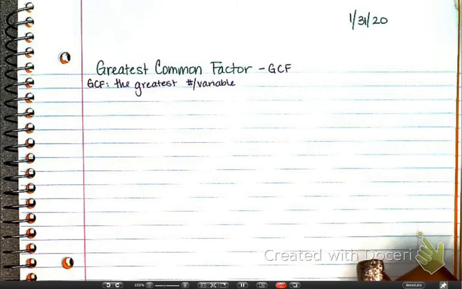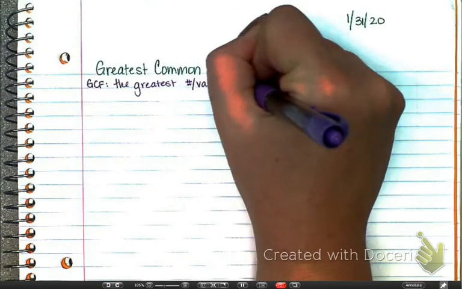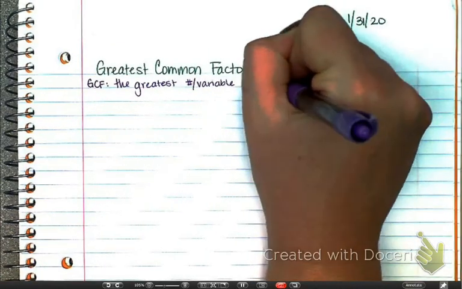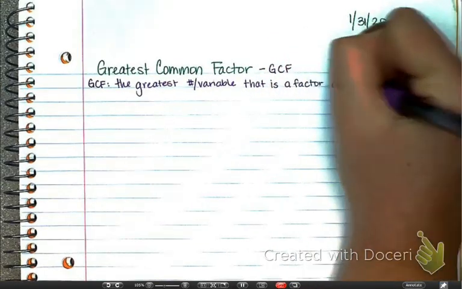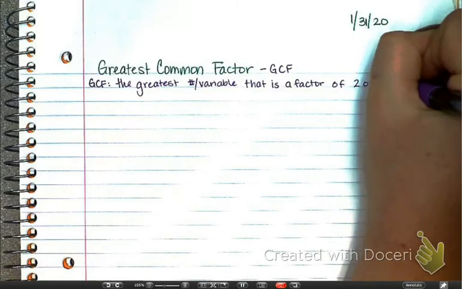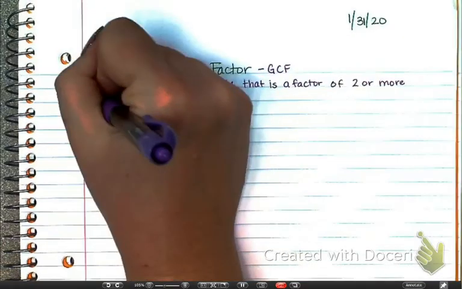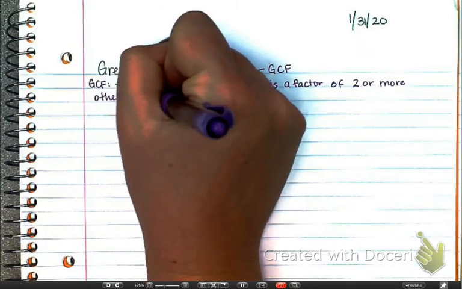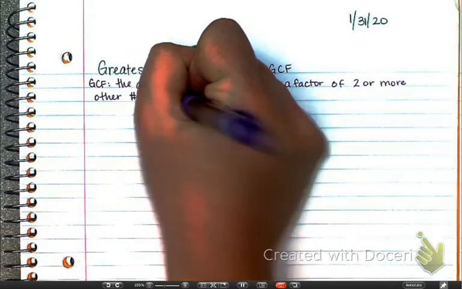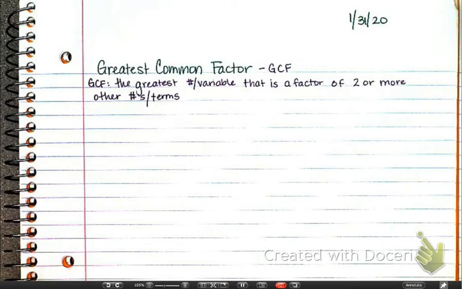So the greatest number or variable that is a factor of 2 or more other numbers or terms. So in 2nd grade, you literally just looked at 2 numbers.